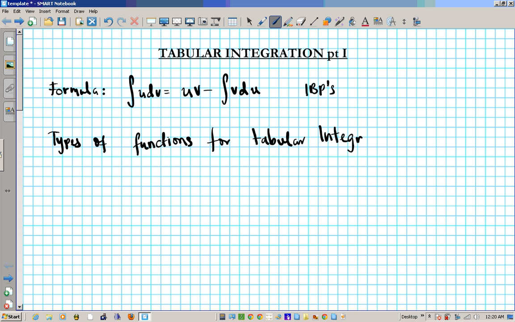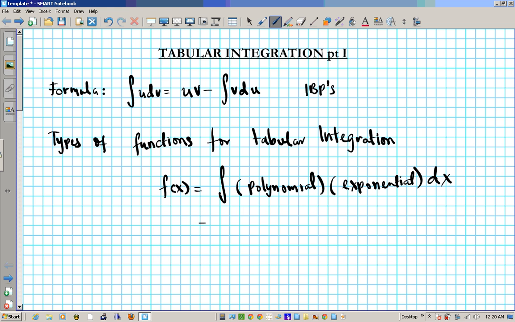The type of functions you can use tabular integration for are those where you take the antiderivative of a polynomial multiplied by an exponential function, dx, or the antiderivative of a polynomial function times a trig function.